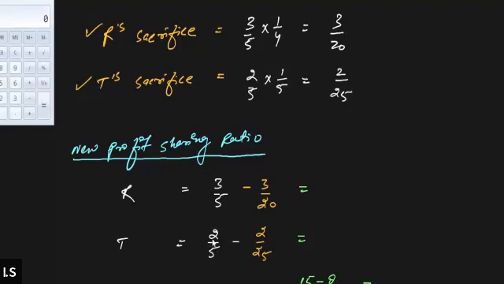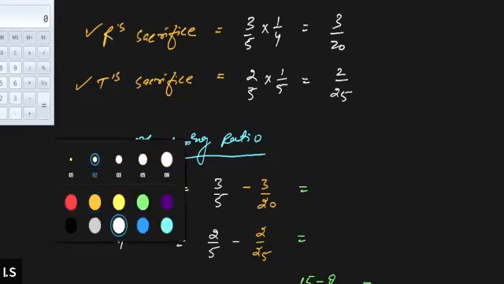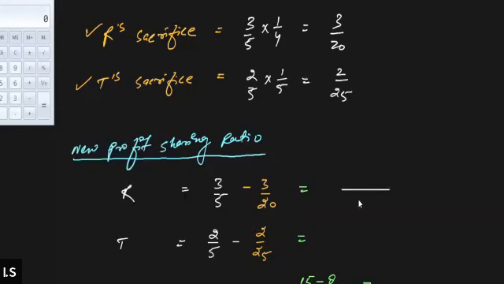So T's original share was how much? Sorry, 2 by 5 was the original share of T. We will subtract 2 by 25 that he surrendered to S. And after calculating this, let me do it for you. LCM will be 20, right?